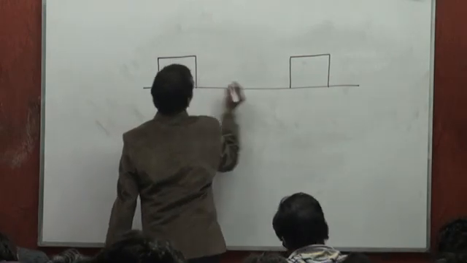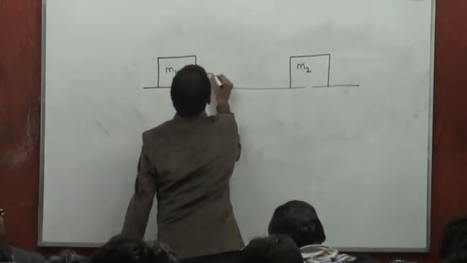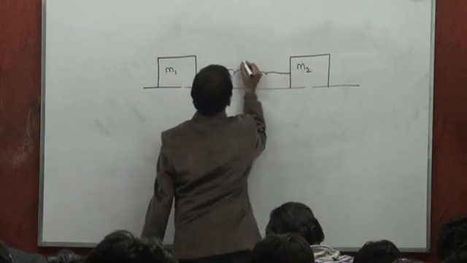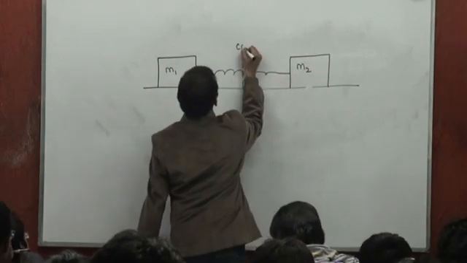This was M1, this was M2, a collection of two particles. This was the center of mass.